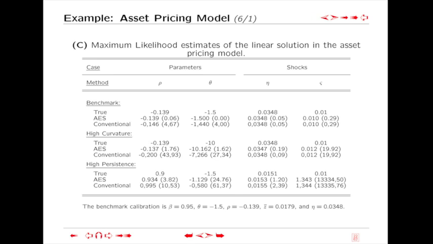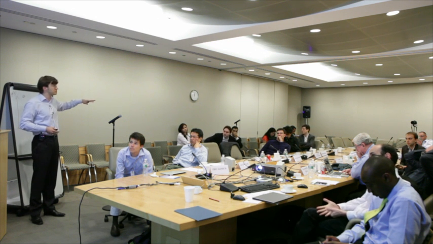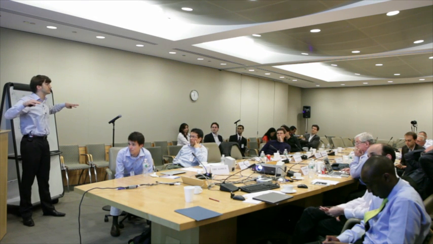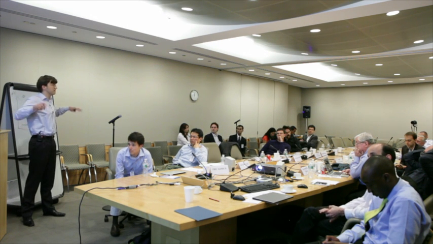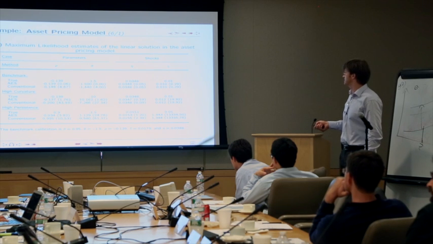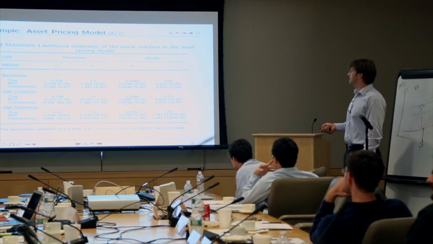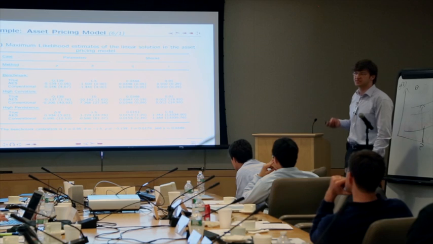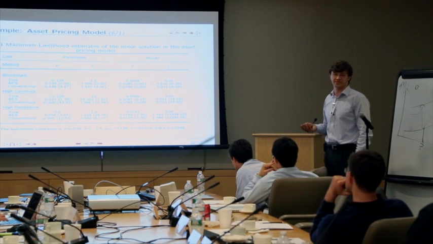Similarly, for the high curvature case, and what is really funny here again is it's the Ackerberg et al. result in Econometrica, where the accuracy of the solution translates in the order of magnitude of the mistake to the point estimates. This is what you can see here in this simple example: the accuracy of the solution is in the same order of magnitude as the errors of the point estimates.